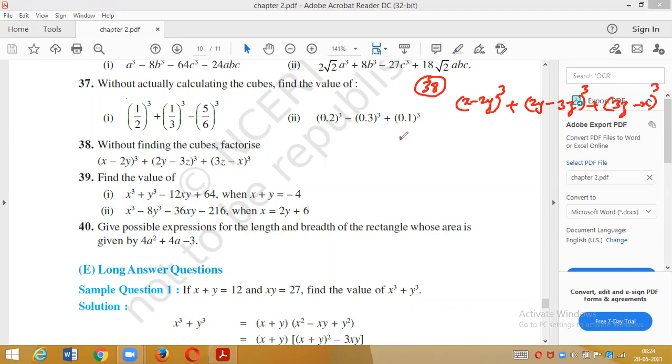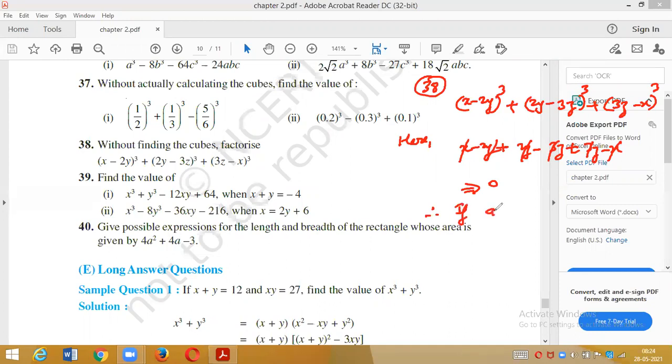Correct. So here x minus 2y plus 2y minus 3z plus 3z minus x is equals to what? 0, na? This x is cancelled by this x, this 2y is cancelled by this 2y, and this 3z is cancelled by this 3z. Therefore we have a formula.